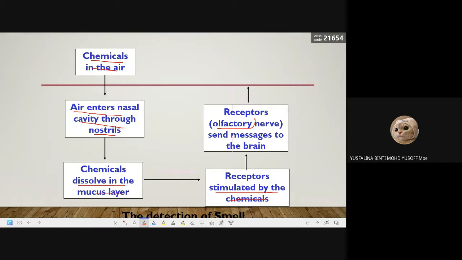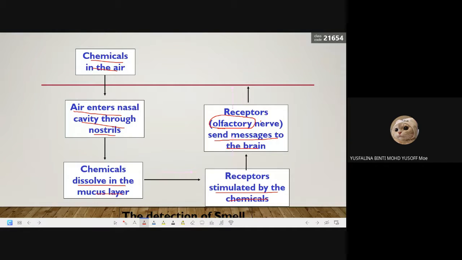So the nerve for the sensory cell, we call it the olfactory nerve. It will send the stimulus that comes from the smell to the brain.